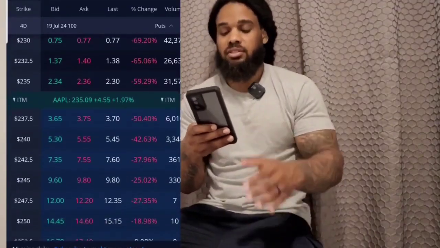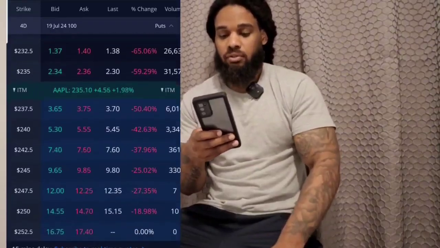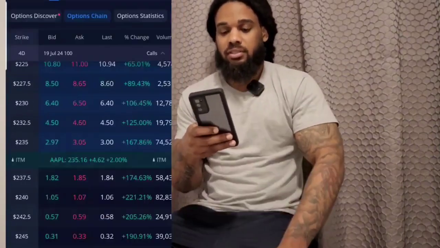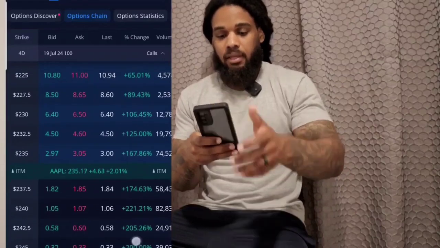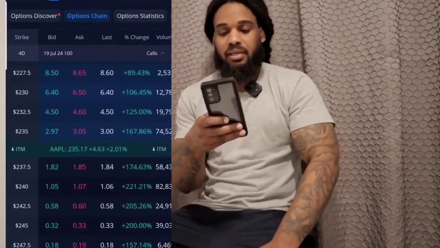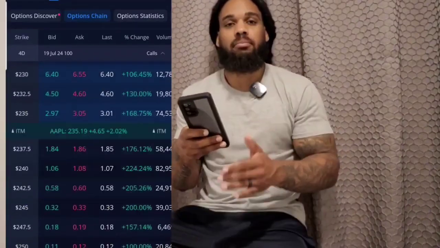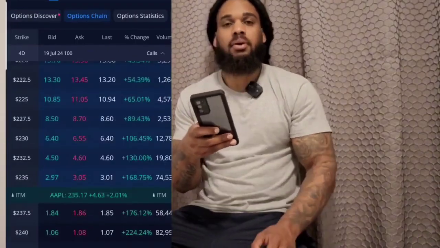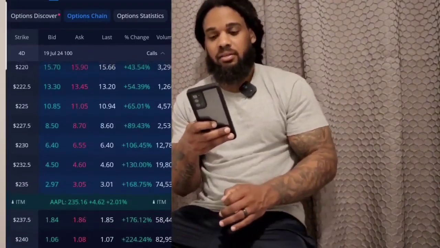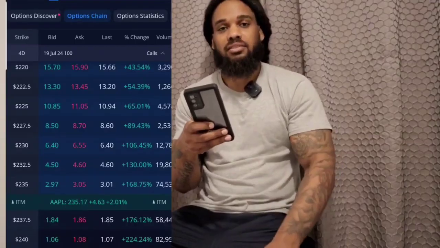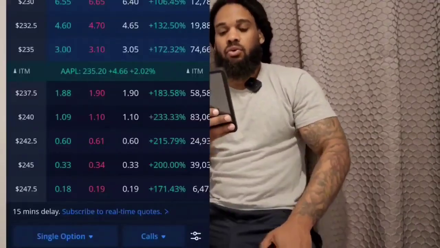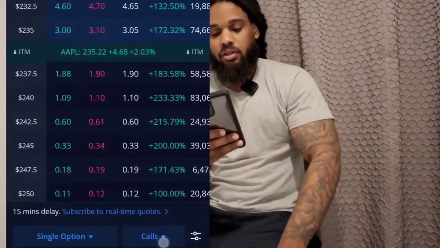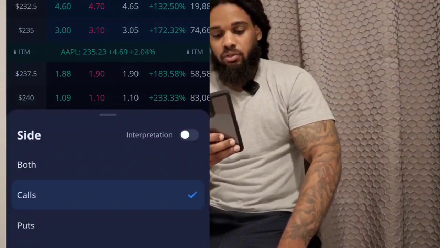Now if you go to calls, in the money is going to be below the current price, and out of the money is going to be above the current price.